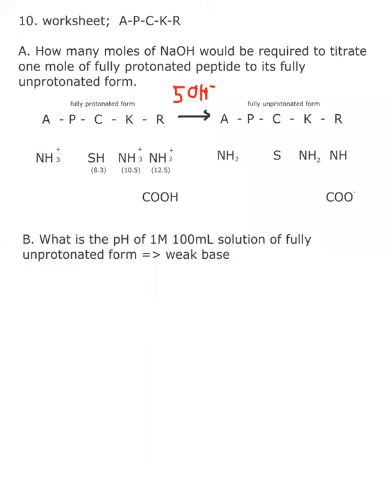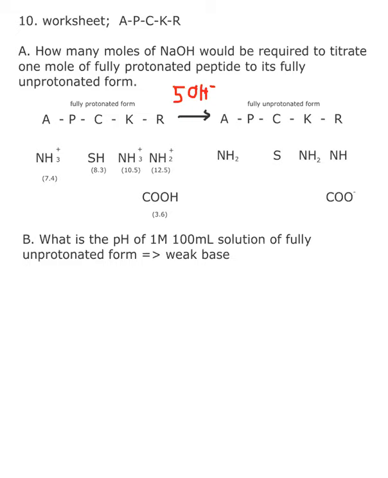Let's take a look at the pKa value of each of these groups that can be protonated here. I've listed the pKa of the side chains of cysteine, lysine, and arginine already, but what about the pKa of the N terminus of the alanine? This is the N terminus of the oligopeptide, so its pKa would be 7.4, and the C terminus of the oligopeptide would be 3.6.